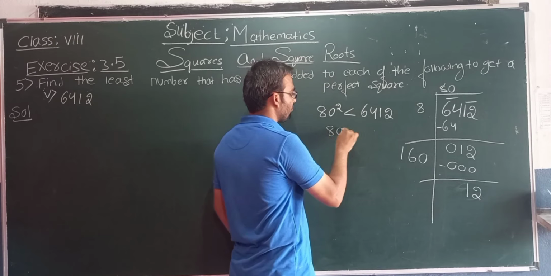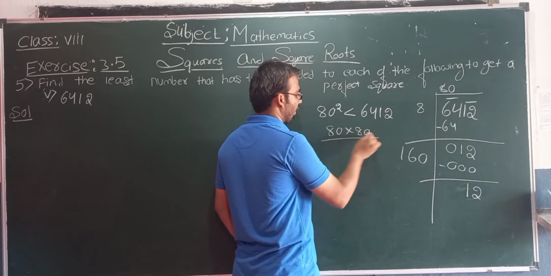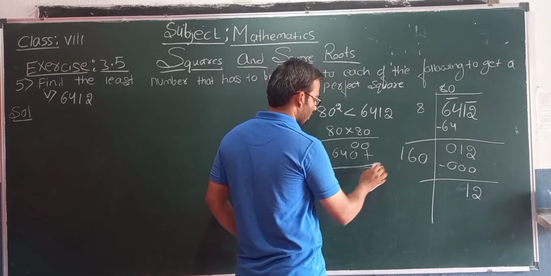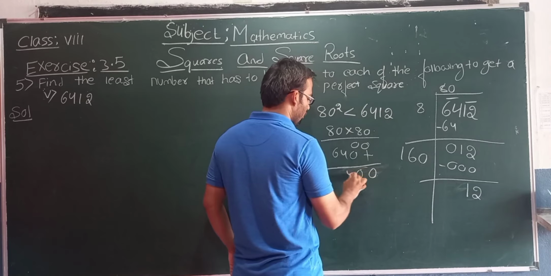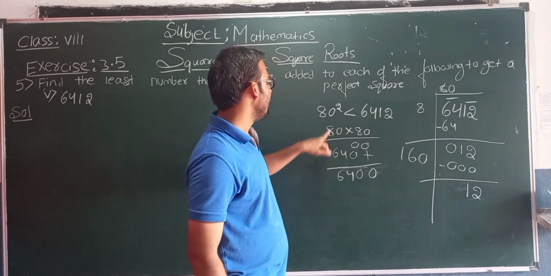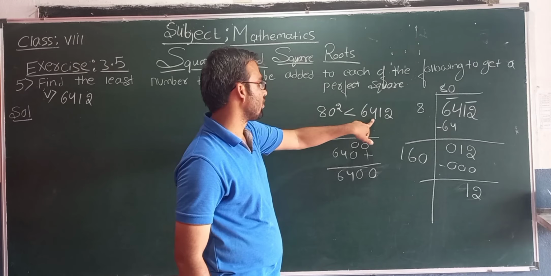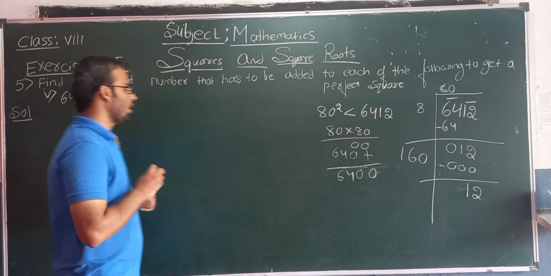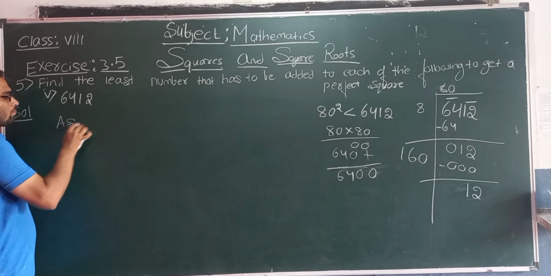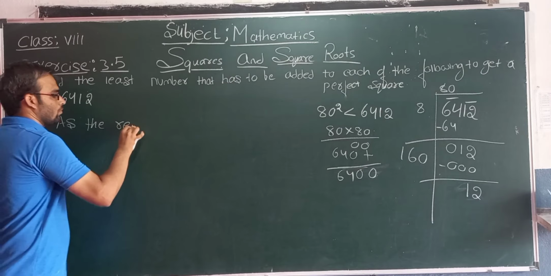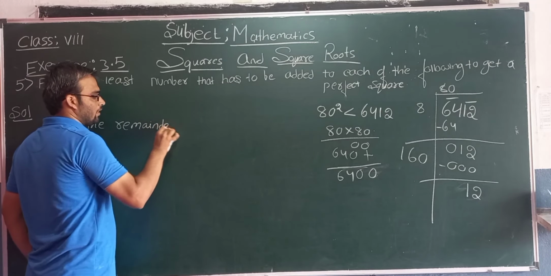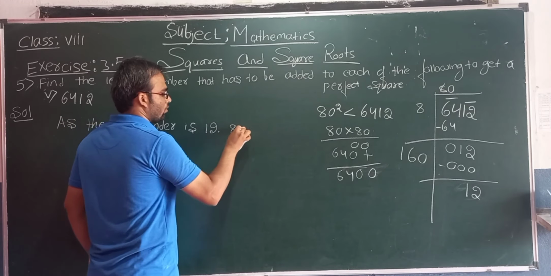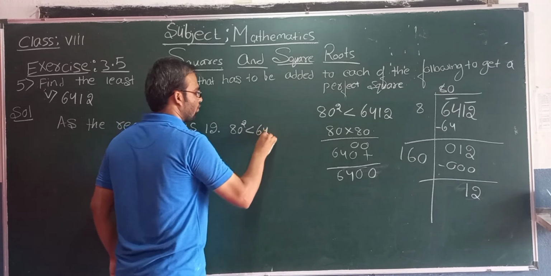Because look at here, 80 into 80 is 6400. As the remainder is 12, 80 square is lesser than 6412.